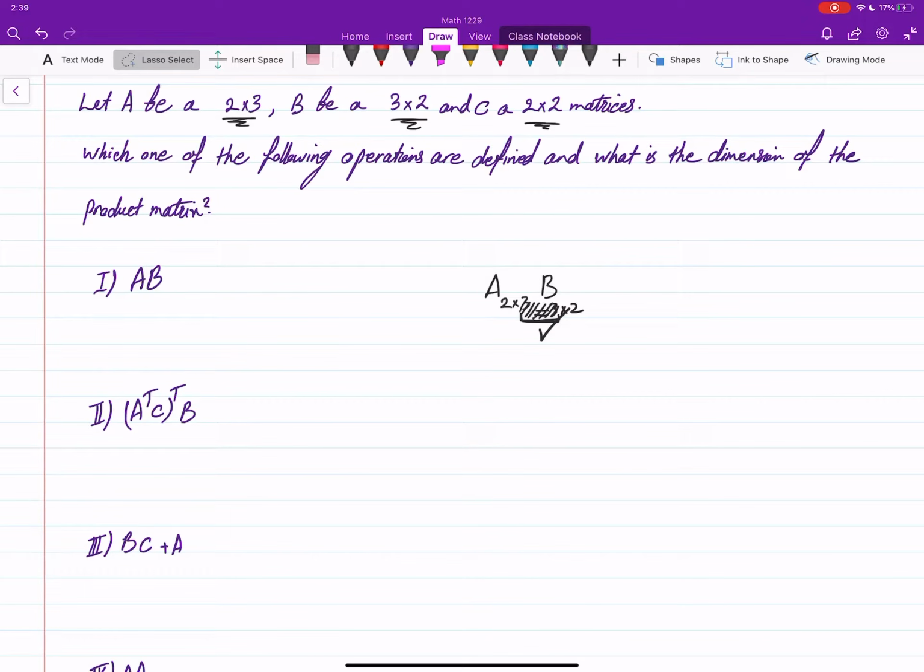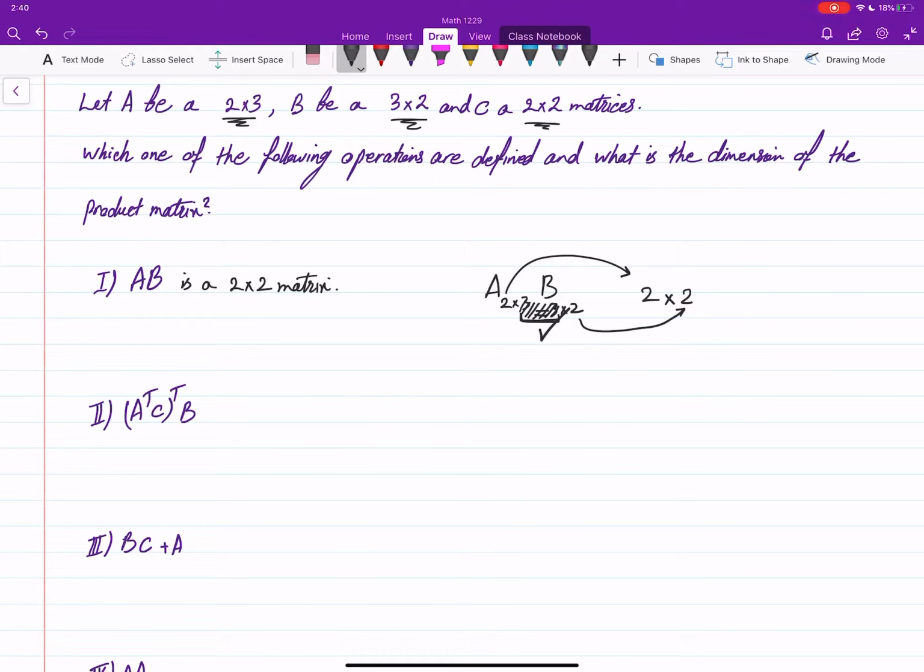You pick the number of rows from the first one, and the number of columns from the second one. So AB is a 2 by 2 matrix. It is defined and it's a 2 by 2 matrix.